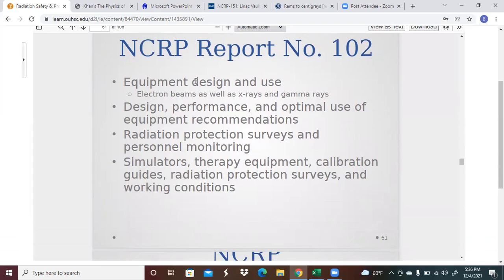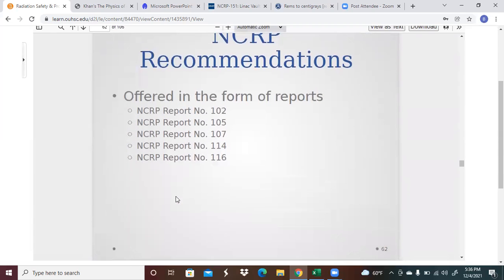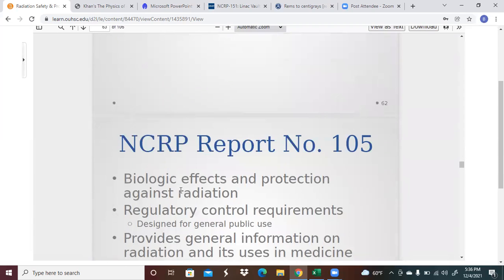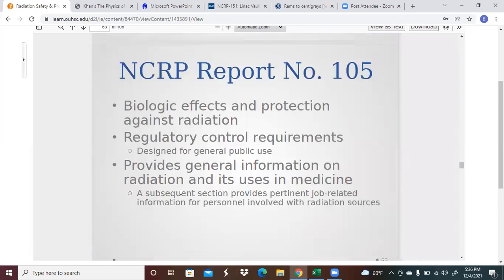The NCRP report 102, equipment design and use, design, performance, and optical use of equipment recommendations, radiation protection surveys and personnel monitoring, simulators, therapy equipment, calibration guides, radiation protection surveys and working conditions, all of that kind of thing. All of those reports there. So if you need a cure for insomnia, you can go and grab those.